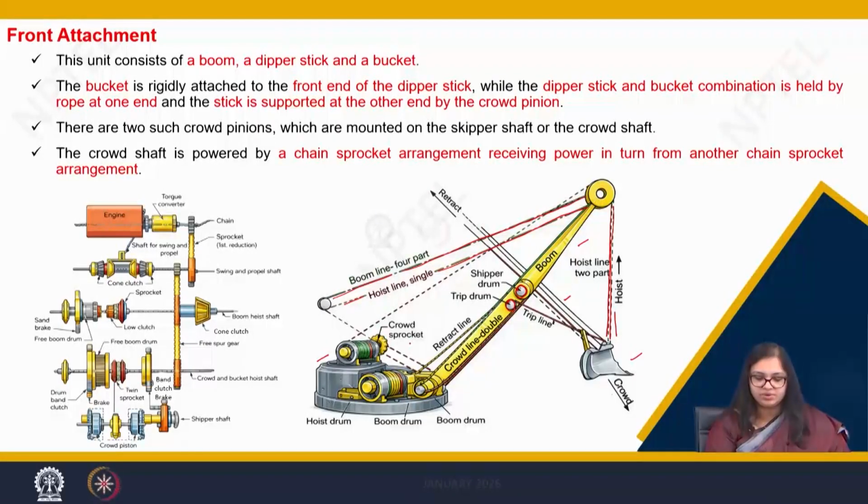This is the crowding sprocket and this is the sheave onto which the bucket is hoisted for the crowding action, and this is the boom hoist line which you can see here. This is the boom drum, which would be winding the rope that is coming from the boom.